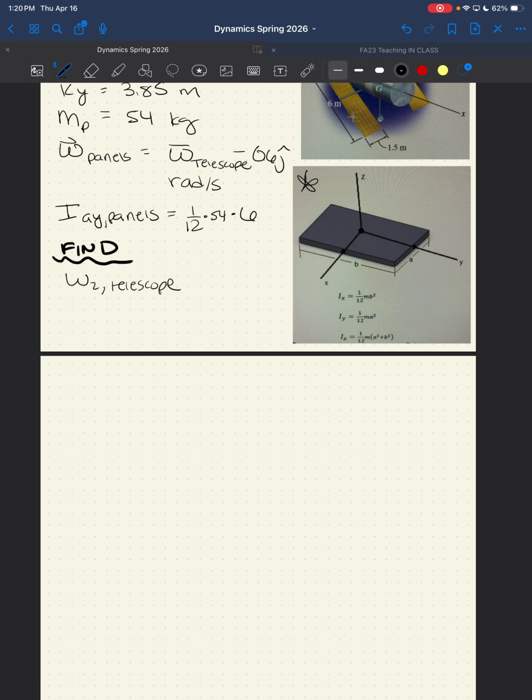Okay, notice this time I did not write vector bars because we are only going to analyze this about a single axis, just the y-axis.